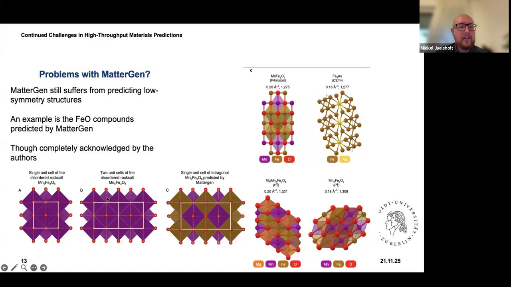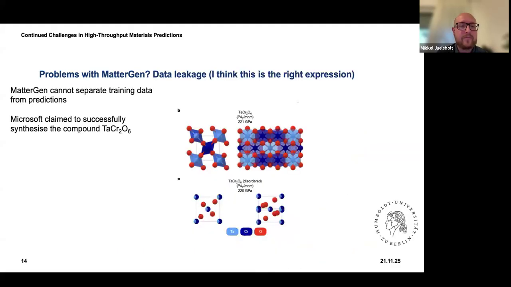So this is a structure predicted by MatterGen with the unit cell outlined in white, and you can see, well, if you disorder, in this case, the manganese and the iron atoms over all the atomic sites, you can just make it two rutile unit cells. So you just elongate the rutile in one direction. And the authors are completely honest that this is also a problem their model suffers from. This is one problem that it has.